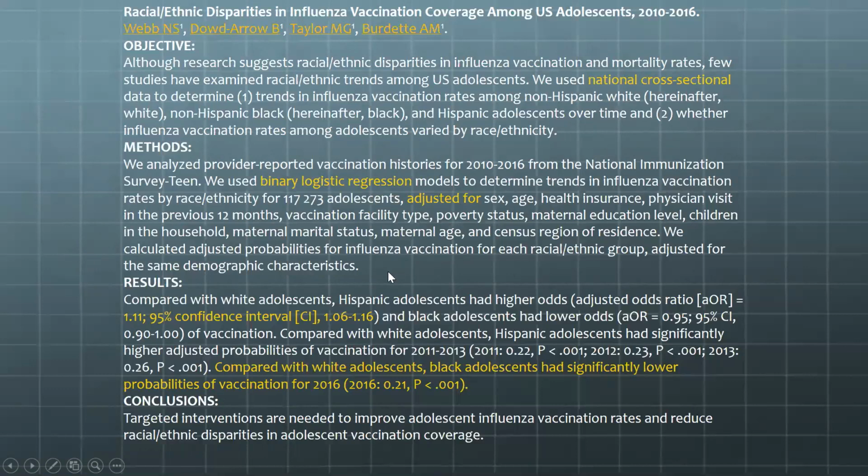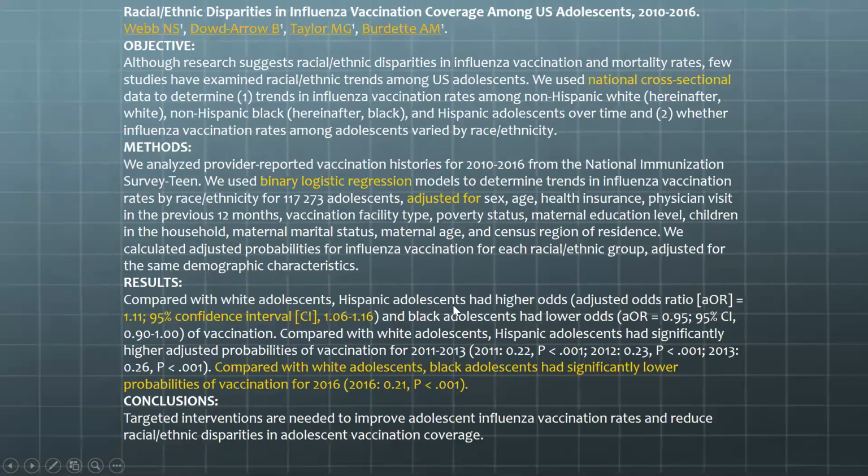When they looked at this, they compared white adolescents, Hispanic adolescents, and Black adolescents. Hispanic adolescents had a higher odds, and they adjusted that based on all these different pieces. So they looked at all these different confounders, which is a very strong design.